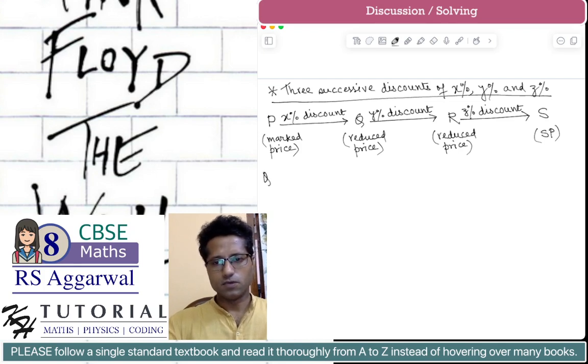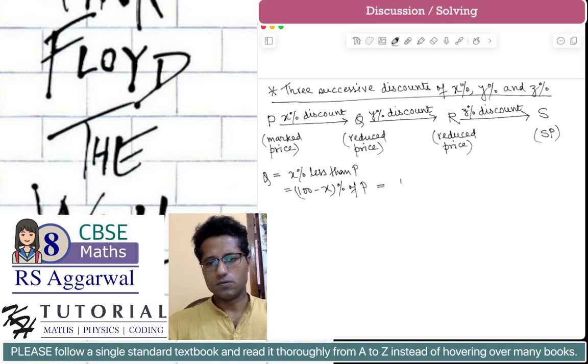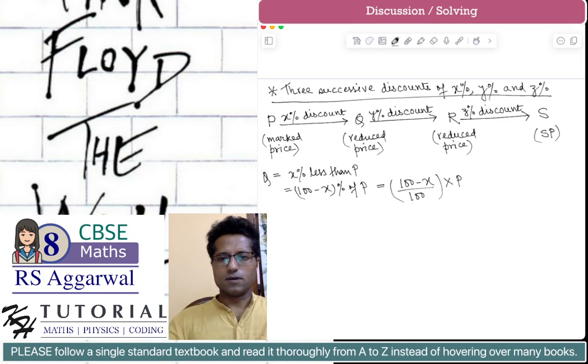So what will be Q? Q is X% less than P, which is equal to 100 minus X% of P, which is equal to (100 minus X) divided by 100, this whole multiplied by P. So that was Q, and what is R?